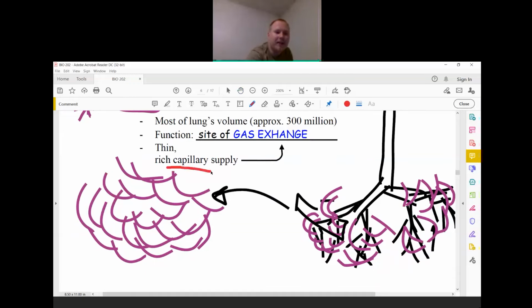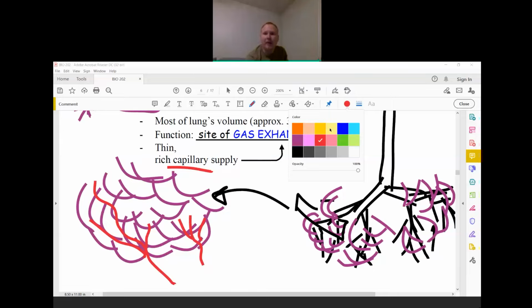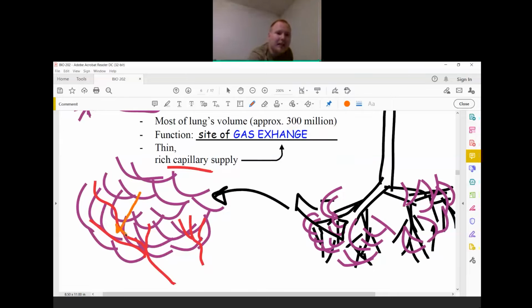There's a lot of these capillary vessels running in this area, so they're highly vascular. And because the capillaries have a very thin wall and our alveoli have a very thin wall, we're able to exchange materials between the two really easily.